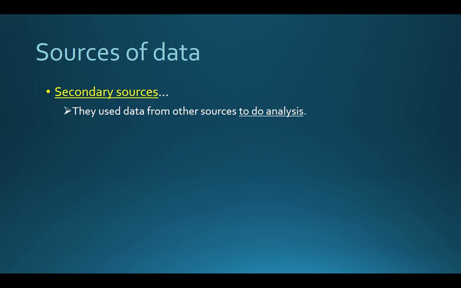So maybe I use Dr. Hank's information that he generated on crawfish, or I use somebody else's data, maybe the Census Bureau's data, and I do my own analysis using their data. That would be secondary. So for example, let's say there's a study by Smith in 2018, and that study does modeling using data from the Census Bureau. Now that study by Smith generates its own conclusions, but it does it using data from the Census Bureau.